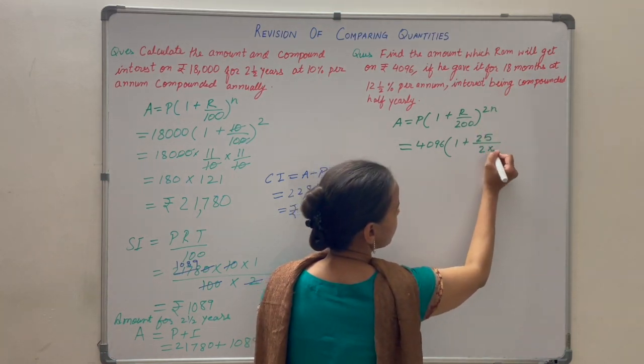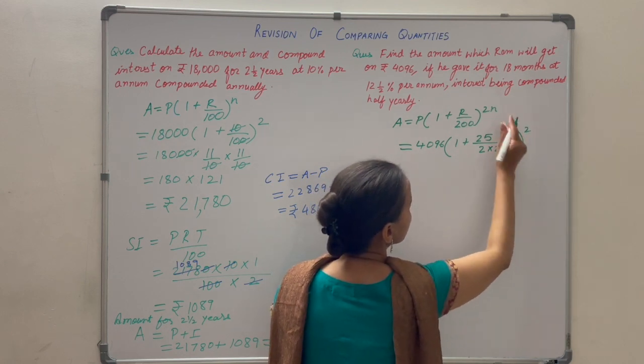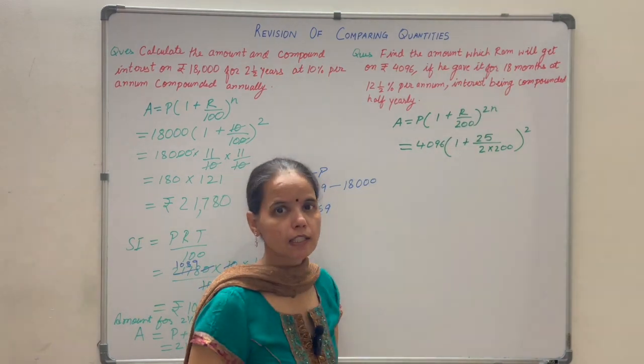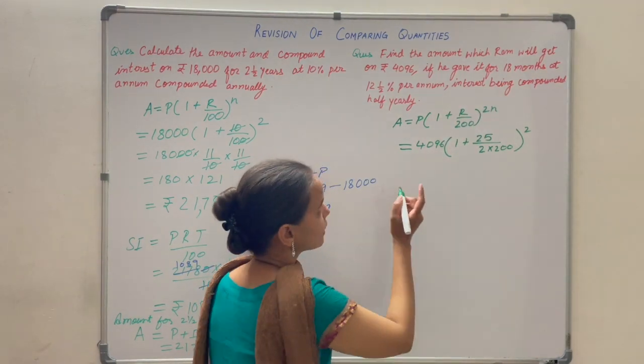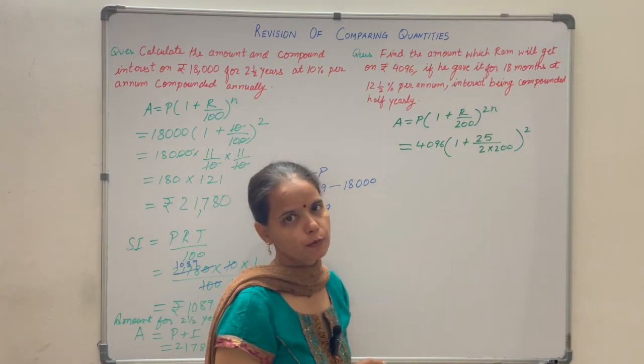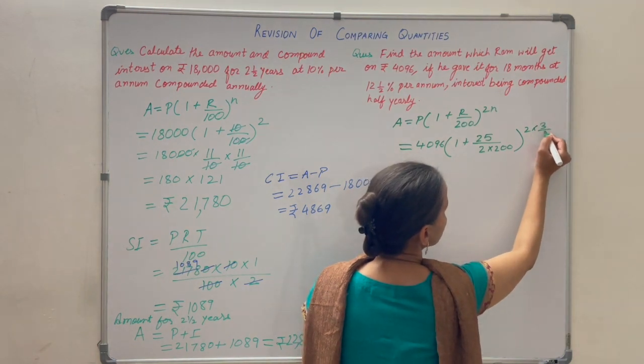Here upon 200 also is there. So into 200 raised to the power 2n. And here it is 18 months. 18 months means you have to divide 18 by 12. So if you divide 18 by 12, you get 3 by 2. So here n is 3 by 2.